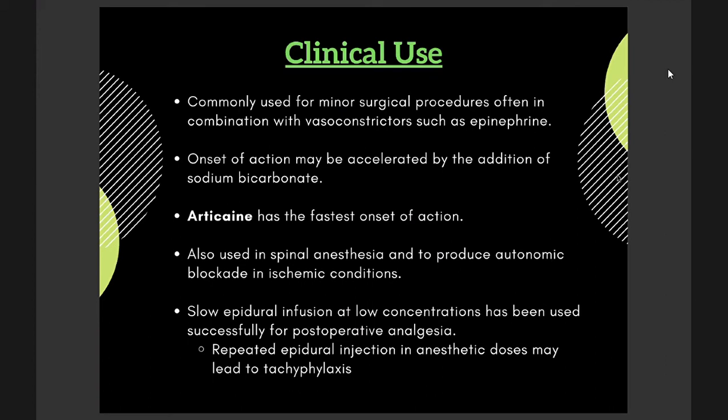Articaine has the fastest onset of action. Local anesthetics are also used in spinal anesthesia and to produce autonomic blockade in ischemic condition. For example, we mentioned previously that when pentothal sodium or thiopental extravasates, meaning it gets out from the vein, it causes excruciating pain and tissue damage.